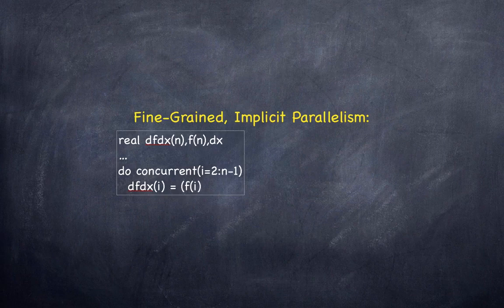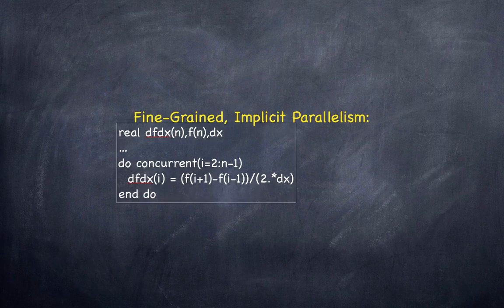So we're going to grab a point to the right of where we're calculating the derivative and subtract off a point to the left. So we're using a simple central difference approximation here. And then divide by twice the grid spacing.